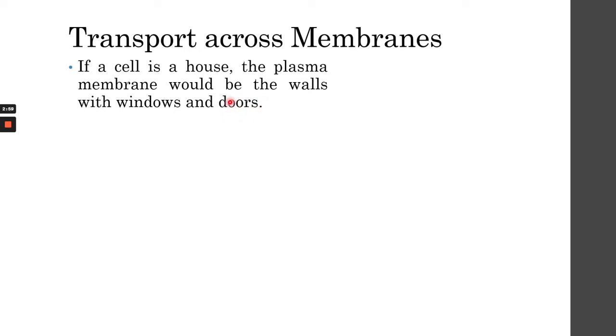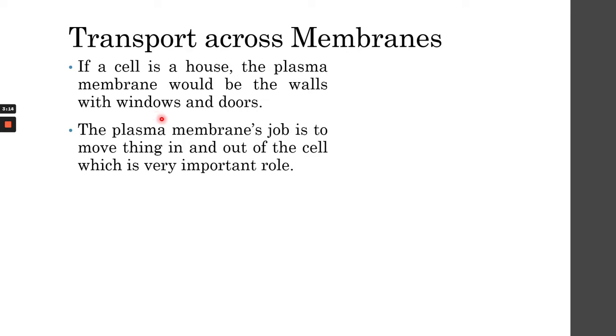The same way with cells. The cell's plasma membrane, or its walls, has windows and doors for molecules or particles to come in and outside of the cell. And this is a very important job of the plasma membrane because, like we've discussed in the beginning of our lesson 6, cells can communicate in various ways.